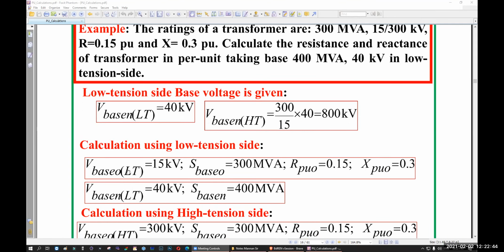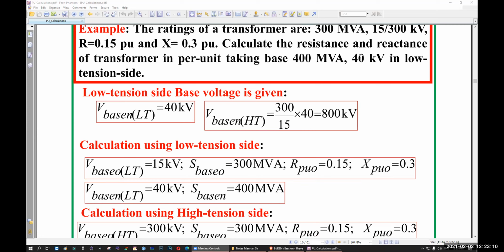Now your old base is 15, that is your low tension side. Your old base of S is equal to 300 MVA, and your old per unit resistance is 0.15. Your old per unit reactance is 0.3. Your V base new for low tension side is 40 now, not 15.